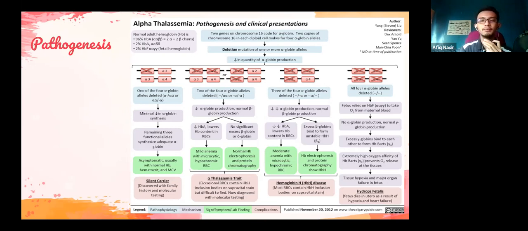So when the fetus takes oxygen from the mother, because Hb Bart's has a high affinity towards oxygen, the oxygen in the hemoglobin cannot be released to the fetal tissue, causing the fetus to experience tissue hypoxia, and this will cause major organ failure in the fetus, and the patient will present with hydrops fetalis.